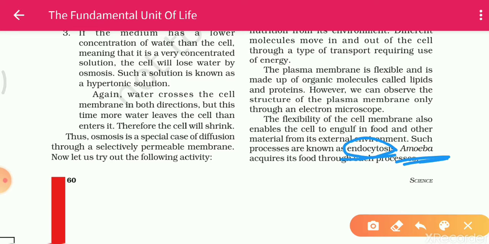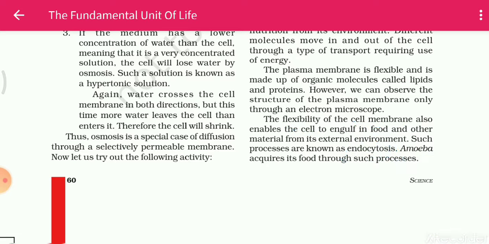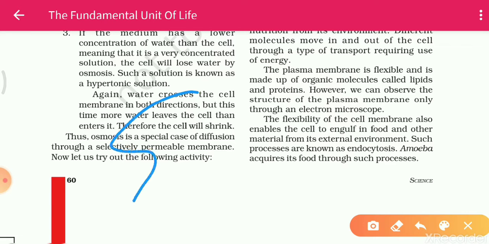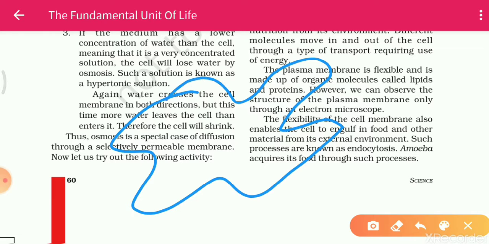I told you that the cell membrane is flexible. This question is always asked in the exam: which process takes place in the amoeba? Students, this is the structure of the amoeba, and the cell membrane of the amoeba is flexible.